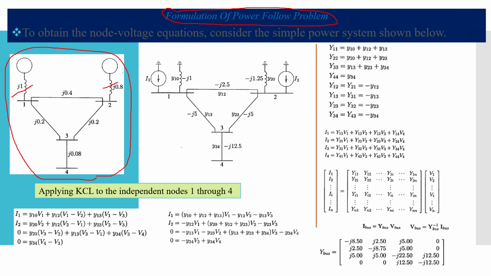Again, for generator 2 also, we'll repeat the same thing. So for generator 2 also, we have E2, then impedance of 0.8.